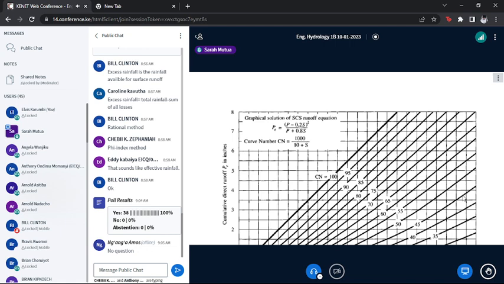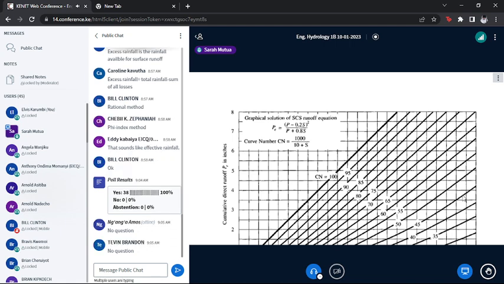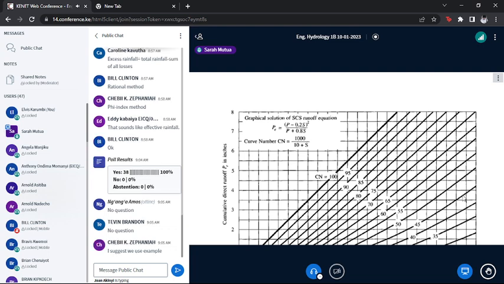So people, Bill Clinton, as you are not in, Alicia Higgins. We have Tevin Brandon, no question. So I want to ask some people who have not responded to the poll. We have Alicia Higgins, Hunter Macharia, John Akinyi, Peter Joroge, Totona Brian. So probably I should write those names.